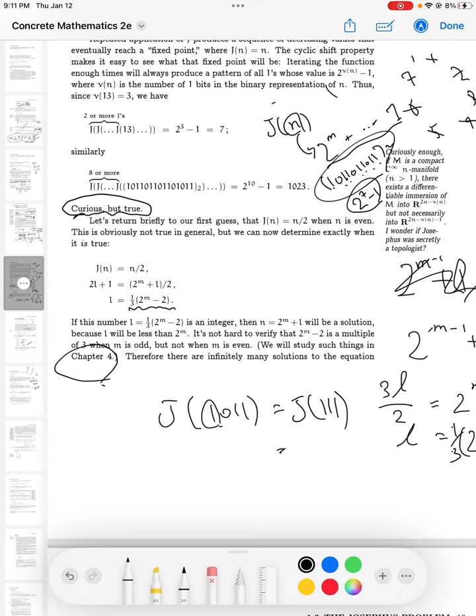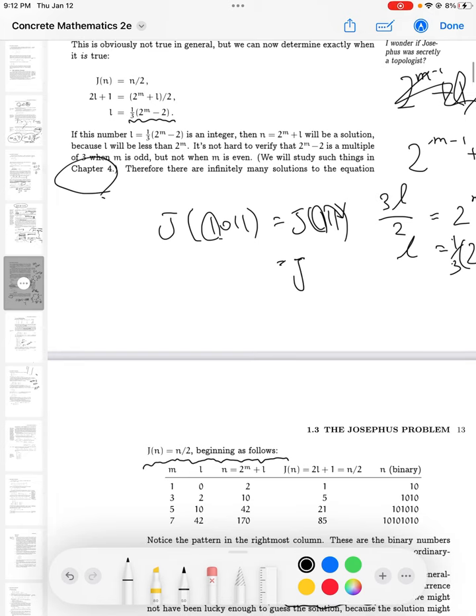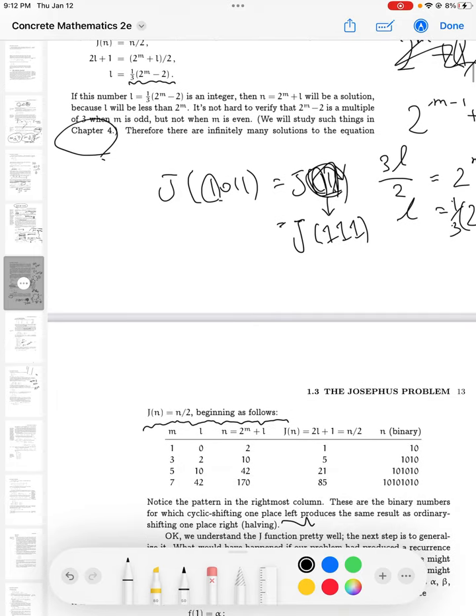And once there's 1 1 1, there's nothing to move over. It's going to be the same when we move this over to the right. So it doesn't really change any values, right? It's never going to change the value, because whenever we move, it turns out to be the same.